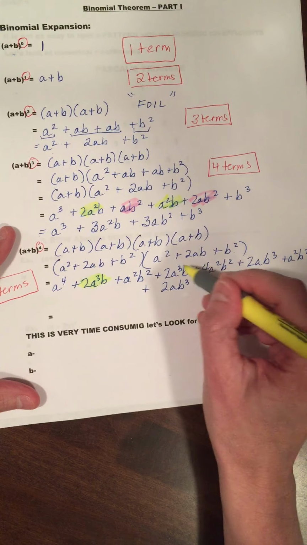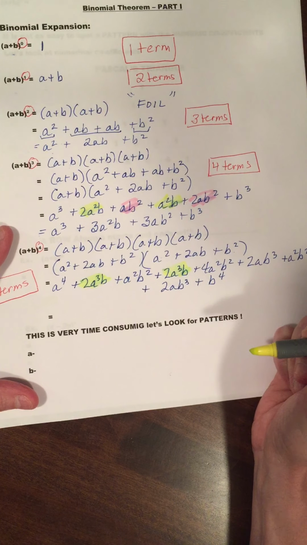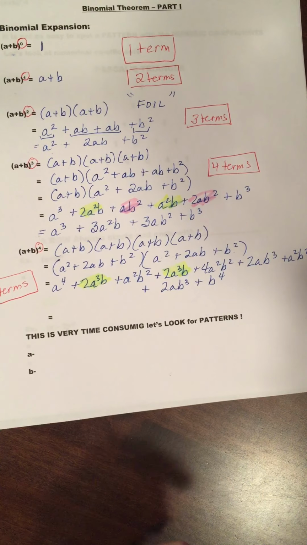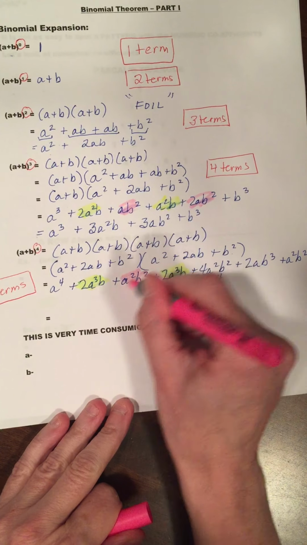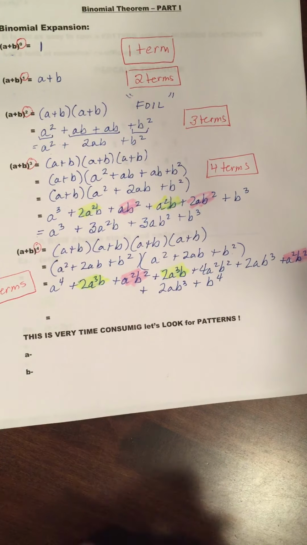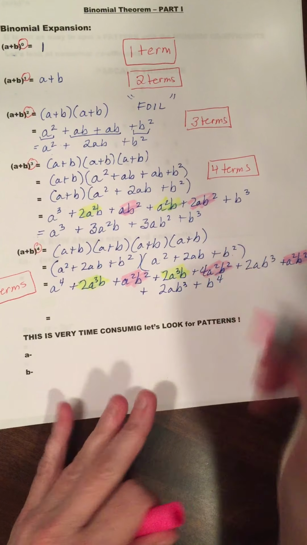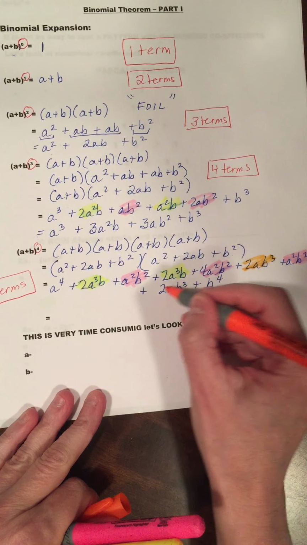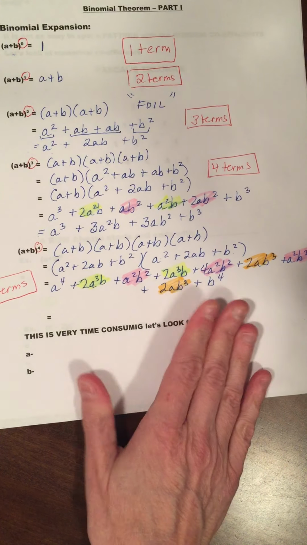I've got some a cubed b's. I've got some a squareds, b squareds. And I've got some a b cubes that need to be collected.